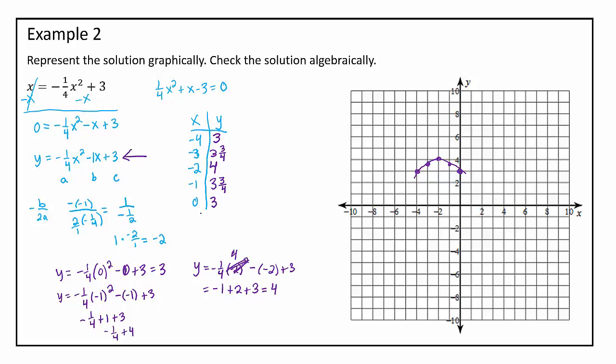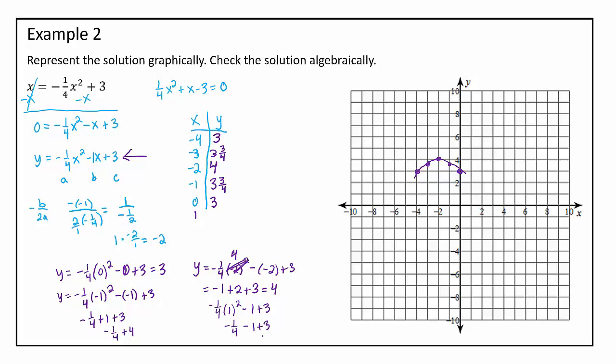I want to actually figure it out. So let's try plugging in 1 to see what we get. And we're just going to basically plug in until we get to a place where we can see where it goes through the x-axis. So this is negative 1/4 minus 1 plus 3.